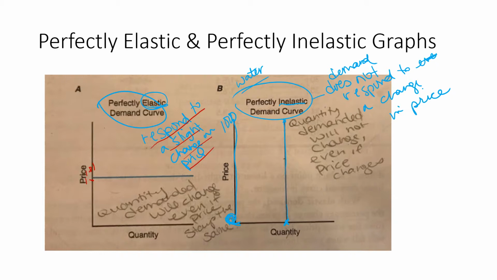A perfectly elastic good would change tremendously the amount of quantity that is demanded just by a very, very small change in price. Again, not very realistic, but a graph is going to look like that if it's elastic, and an inelastic graph is going to look like that. Okay.